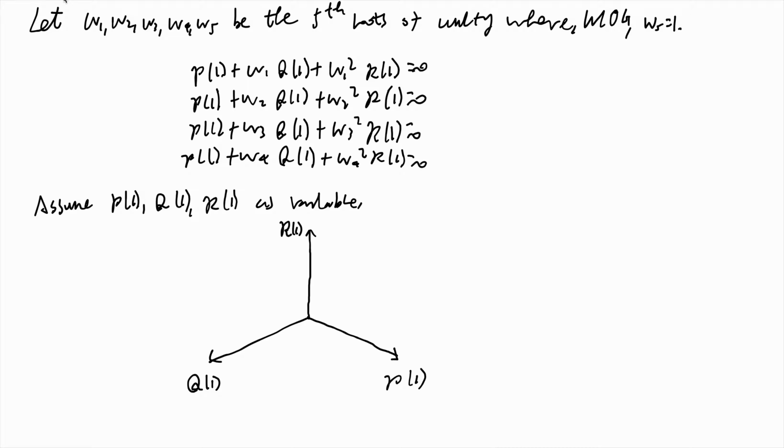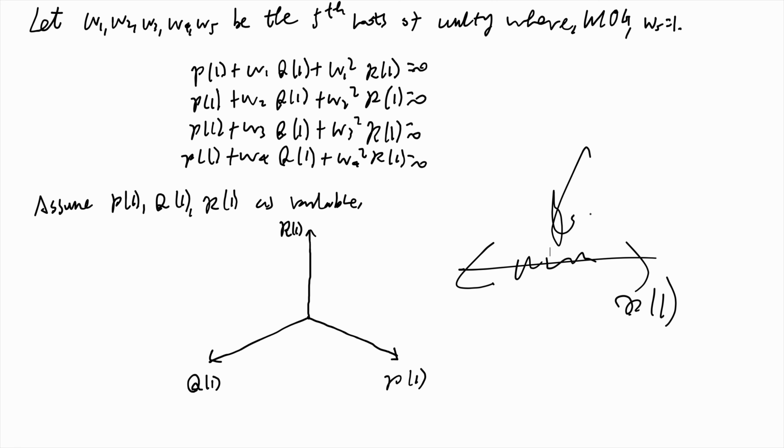So, can we still graph it? I'm not sure if we can still graph it. Because there's no way to represent real numbers and complex numbers in the same number line. If this is P of 1, and you have real numbers here, then we cannot place complex numbers here because we cannot compare the size.